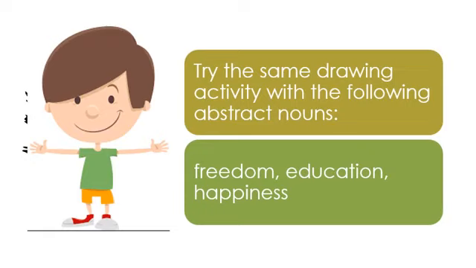We can only feel them. They have no physical existence. For example, look at this picture. The boy is happy. You can see happiness on his face, but not happiness itself. Happiness itself has no shape or physical existence, so we can't draw it like we can draw a chair or cat, which are concrete nouns.